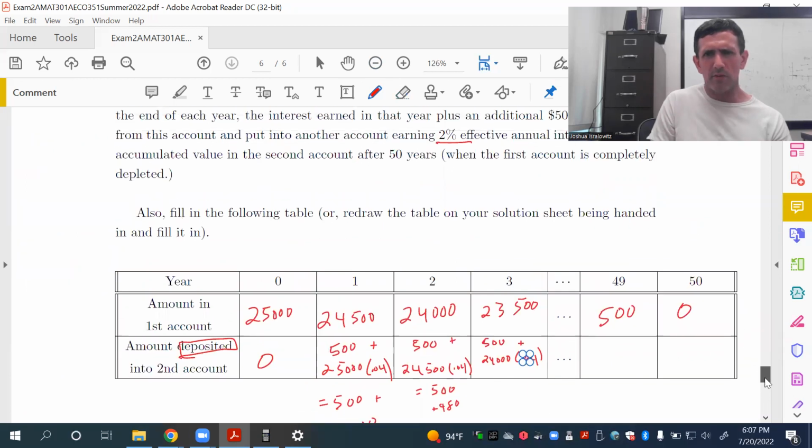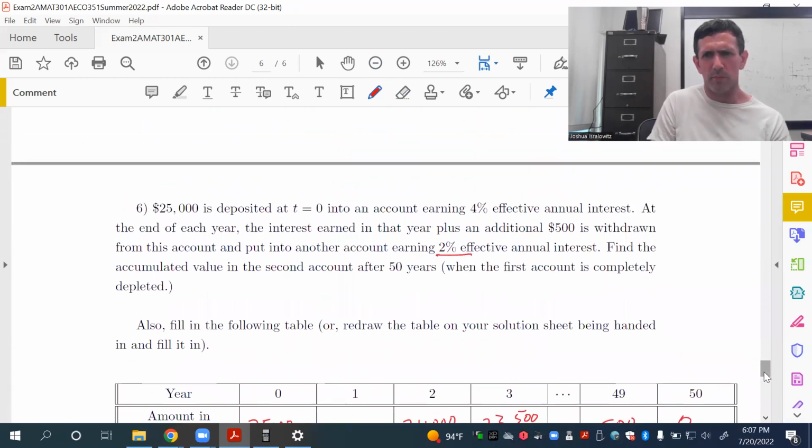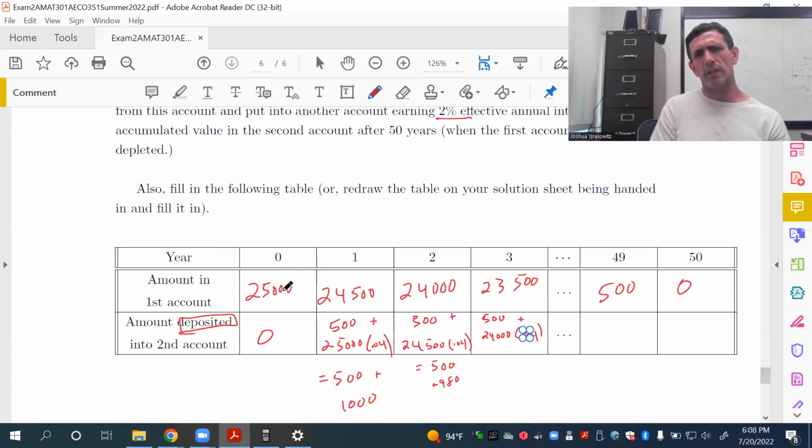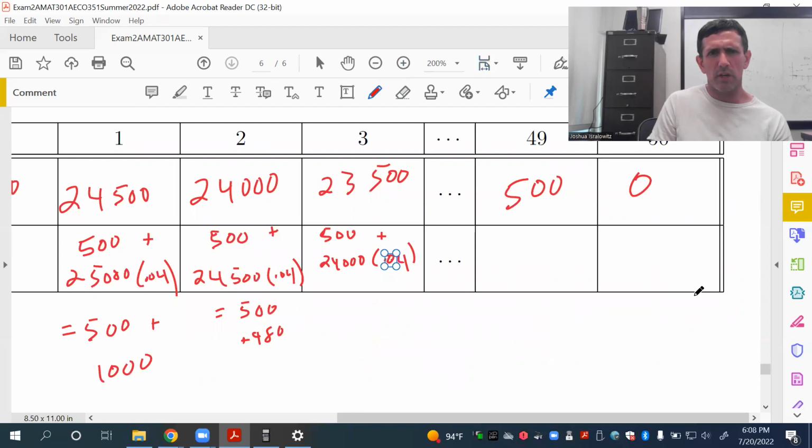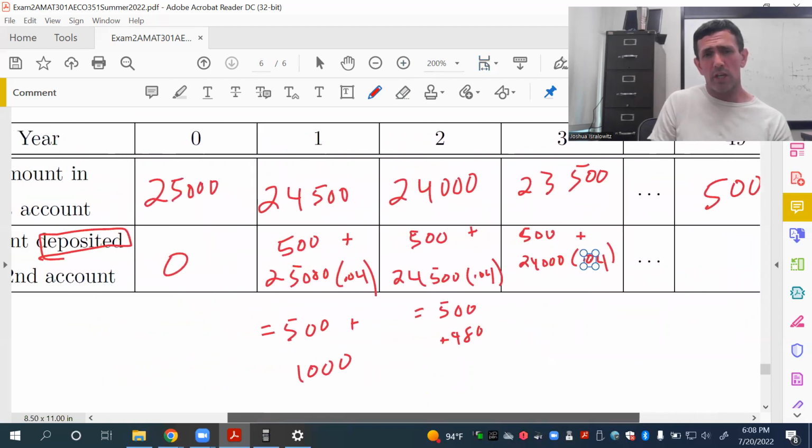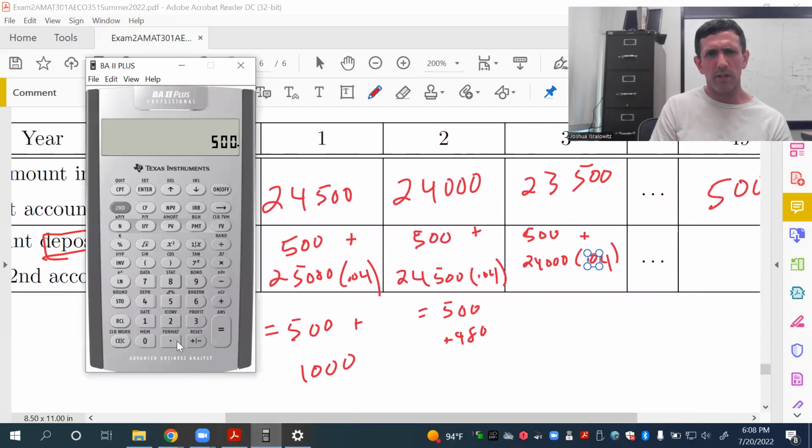Right, the second account earns 2%, but the first account earns 4%. So we're taking the interest earned at the end of each year from the first account and depositing it into the second account. So it's 4% of 25,000, which is actually 1,000. So that's correct. 0.04 times 25,000. 4% of 24,500 is 980, et cetera, et cetera.